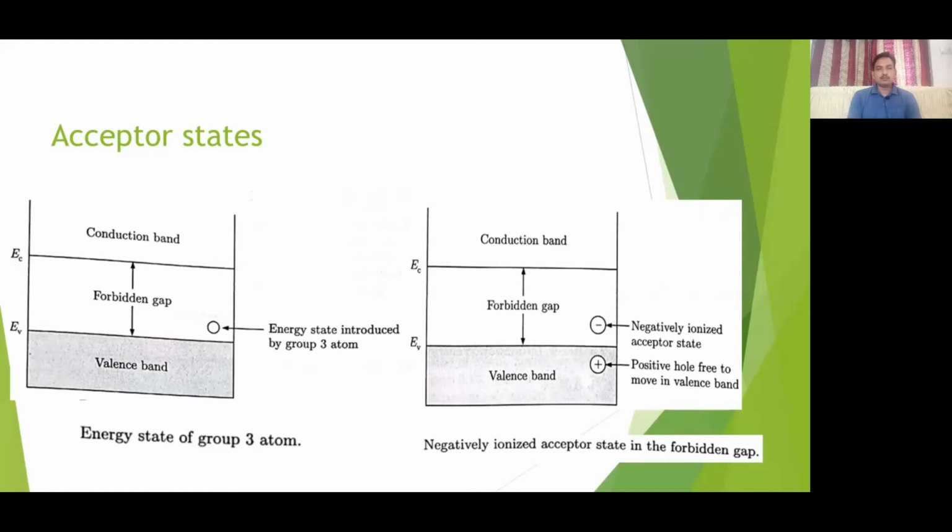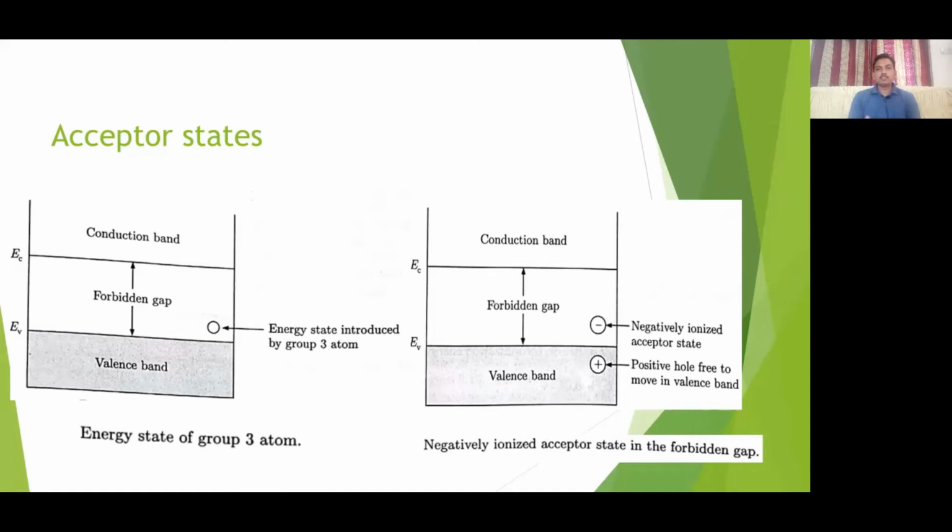So it has one vacant space which can be shared with the germanium, but it does not have an electron to share with the silicon. So it cannot form a covalent bond with all the host atoms.